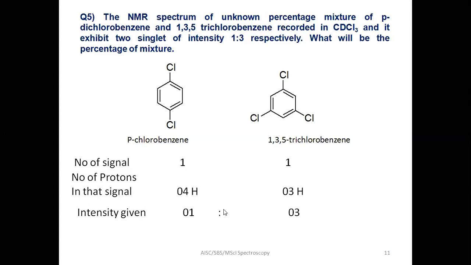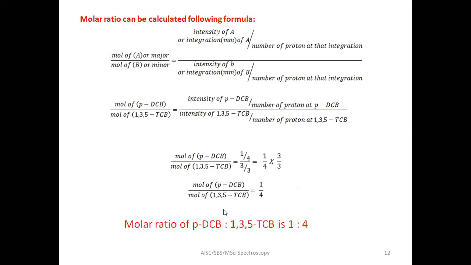So use that formula for the number of moles, major or minor. The mole of para-dichlorobenzene to the mole of 1,3,5-trichlorobenzene is equal to the intensity of para-dichlorobenzene divided by the number of protons at that peak, to the intensity of 1,3,5-trichlorobenzene divided by the number of protons at that integration.